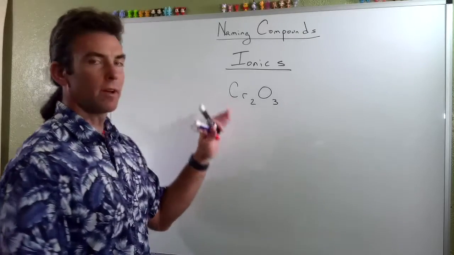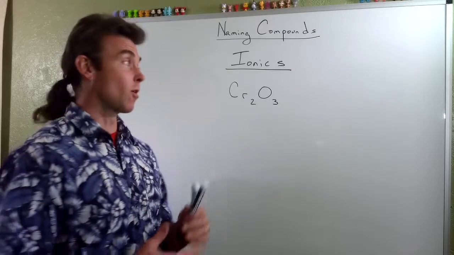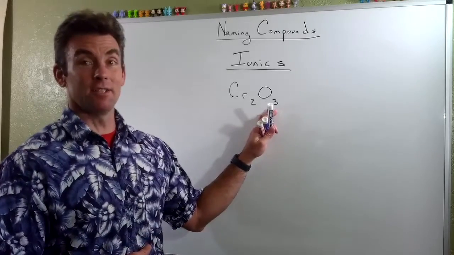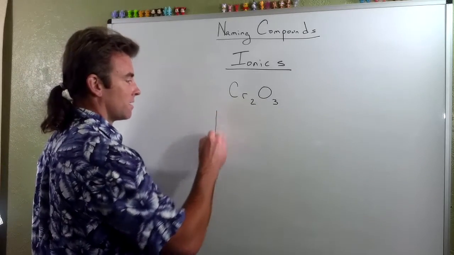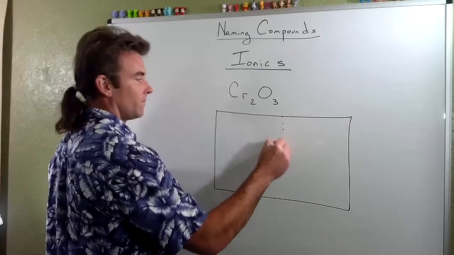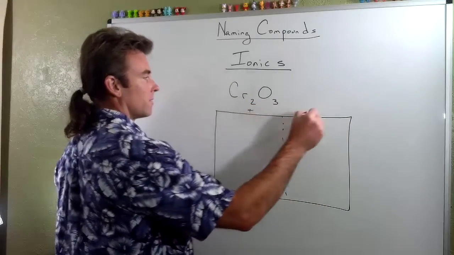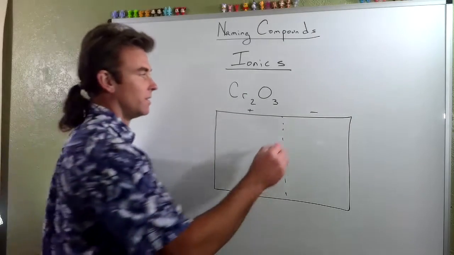Next example we'll talk about looks a lot like the last one, right? We've still got a metal. It's chromium now. We've still got an oxygen, right? And so let's do our work area and see where I'm going with this. So we've got a plus side of the world and a negative side of the world. On the negative side of the world is my oxygen, so I'll write that out.